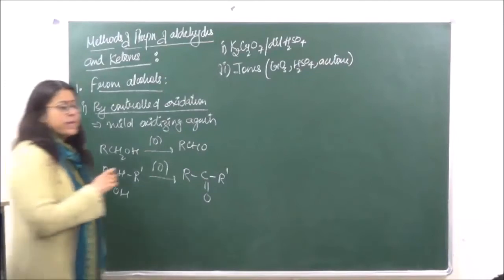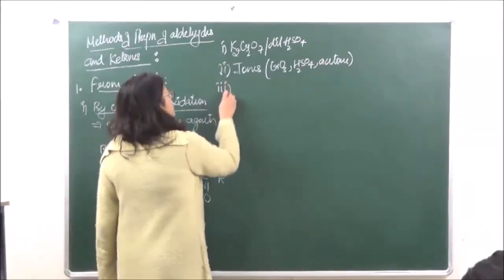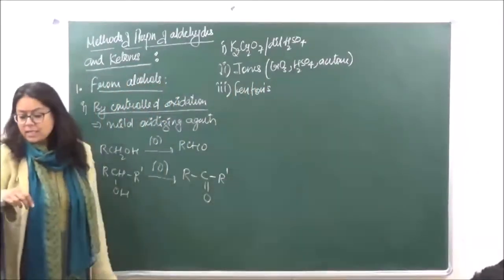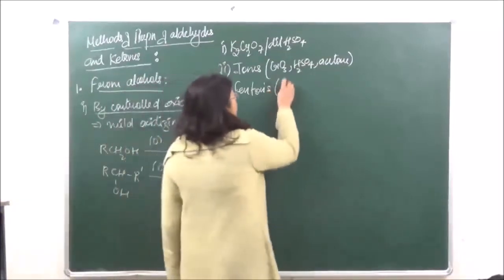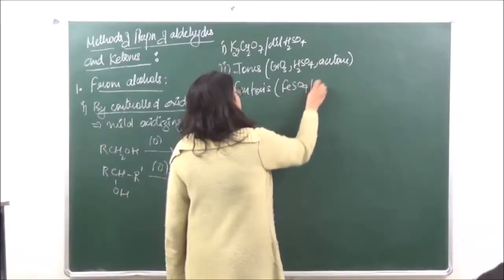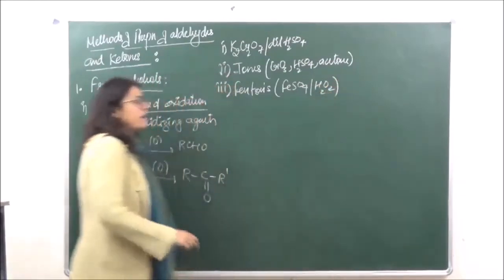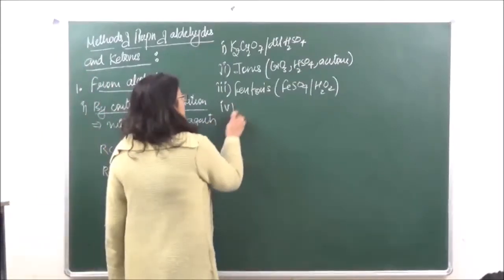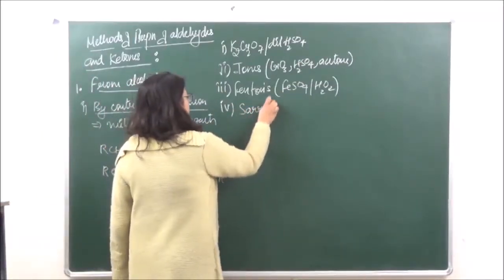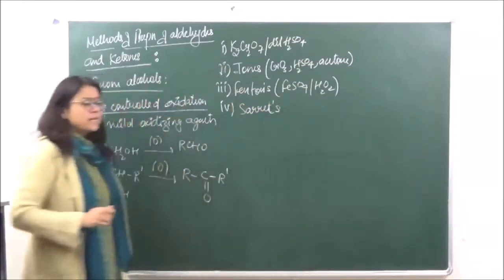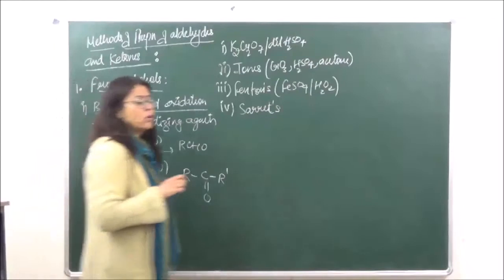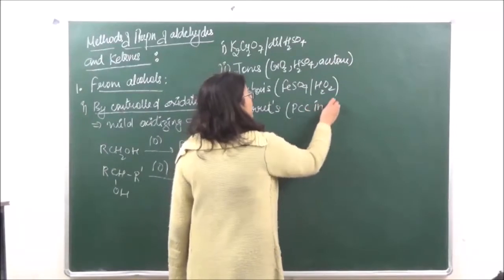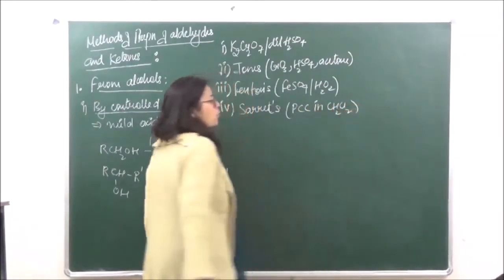Then we have Fenton's reagent, that is FeSO4 in hydrogen peroxide. Then we have the Sarett's reagent, that is pyridinium chlorochromate, PCC, in methylene chloride.